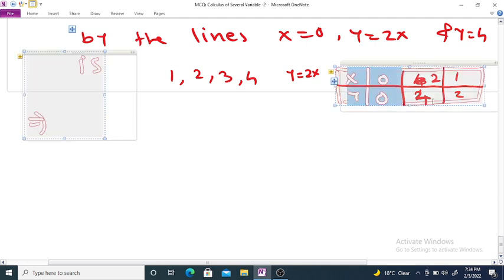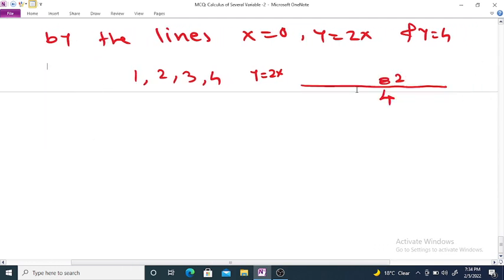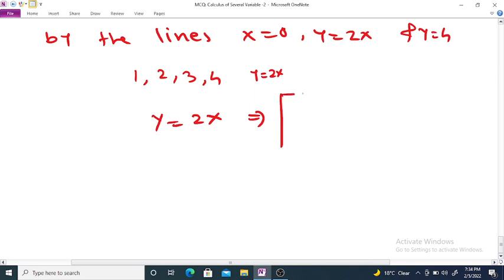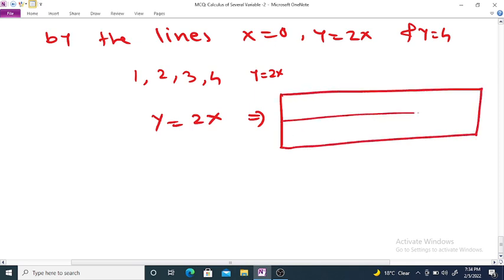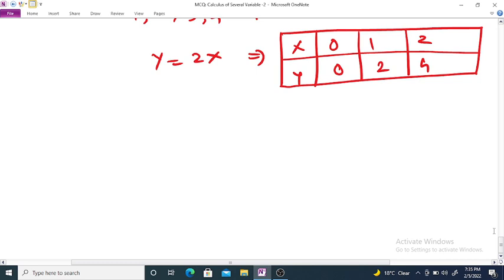I am writing this again. Now consider y equal to twice x. For x is 0, y is 0; x is 1, y is 2; if x is 2, y is 4. So if we draw these points on the xy plane, this is the x axis and y axis.